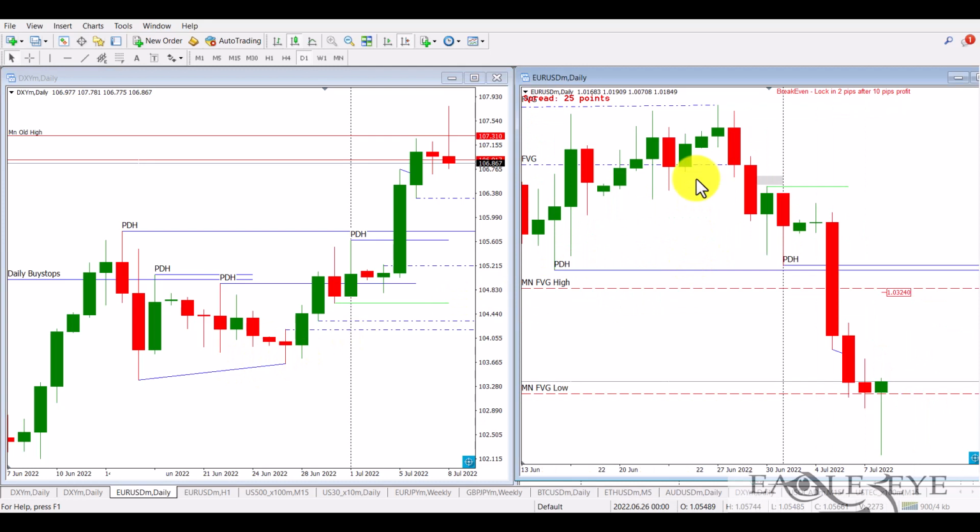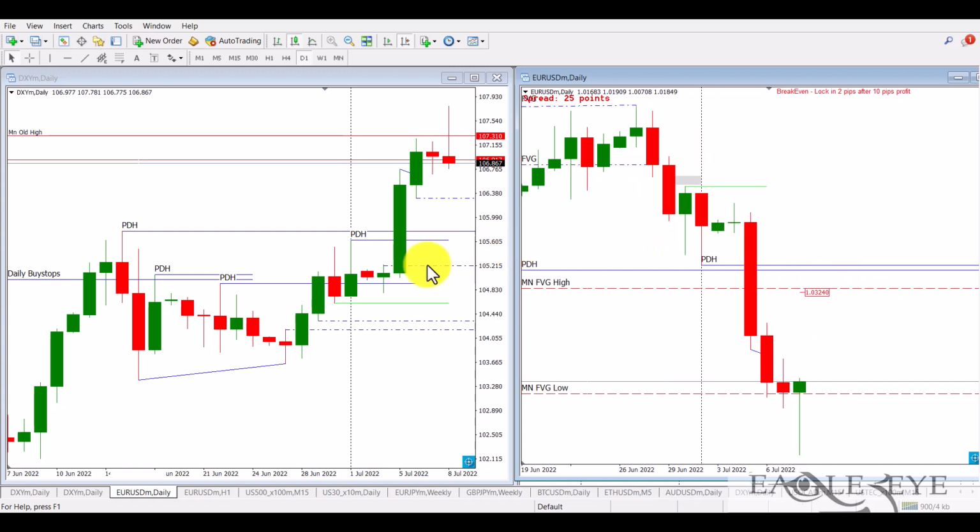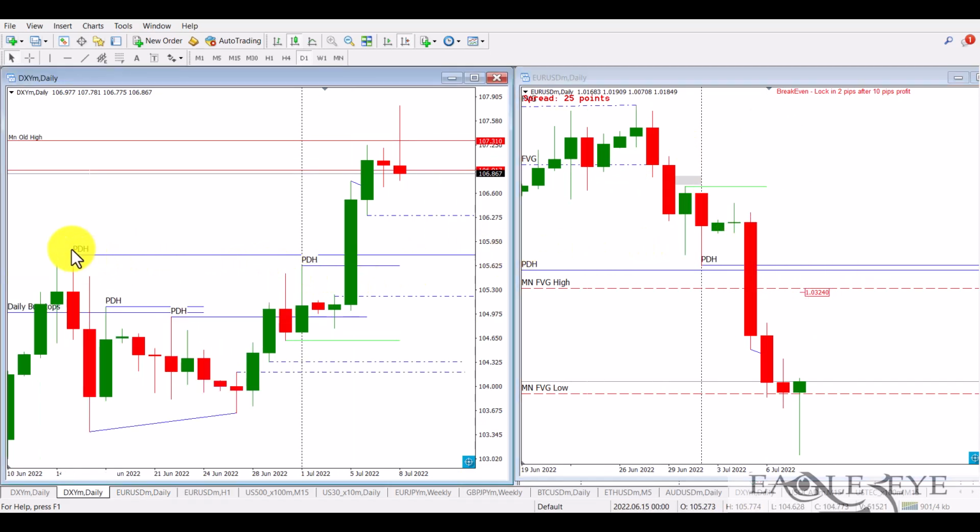Comparably, we expect the USD to drop, because anytime the dollar rises, all other foreign currencies, including the USD, go down. As I said, I was expecting this high to be reached, but price did more than that.